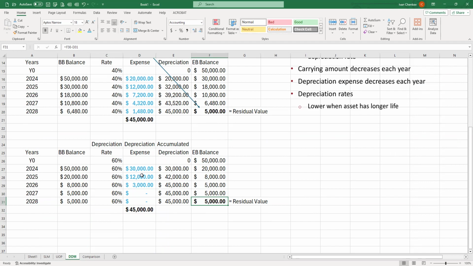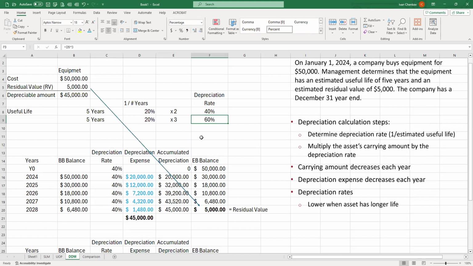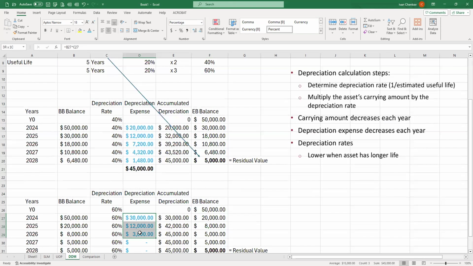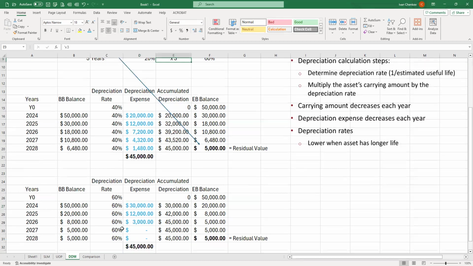So as you can see, if we use a high percentage like a triple declining percentage, we're going to amortize our asset over 3 years. If the price is highly sensitive and we're using the asset a lot in the beginning, we may go with the higher level of depreciation.